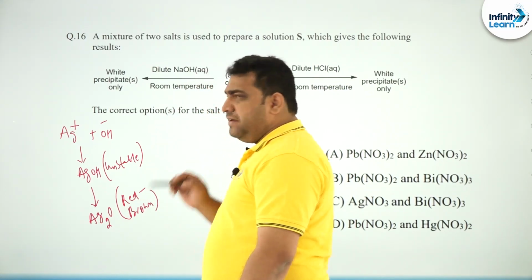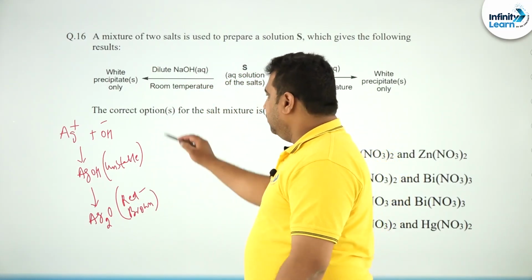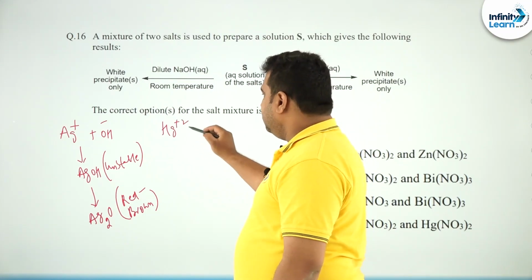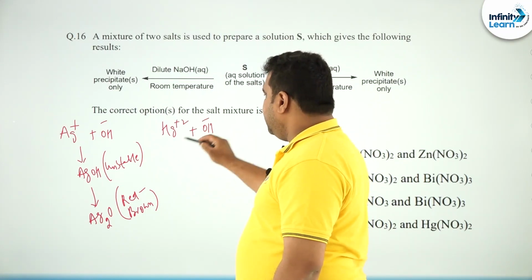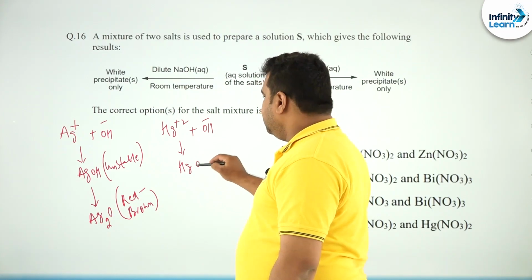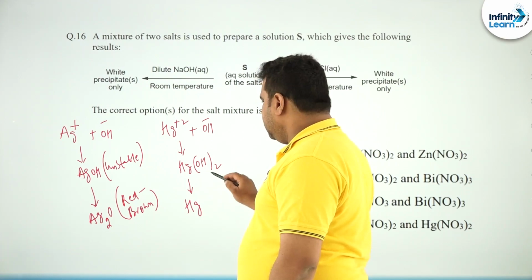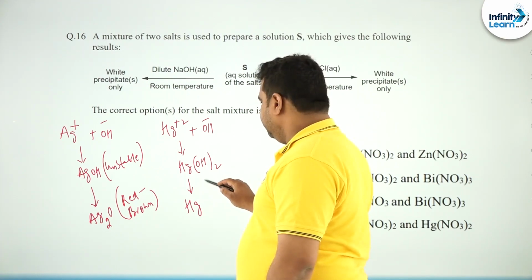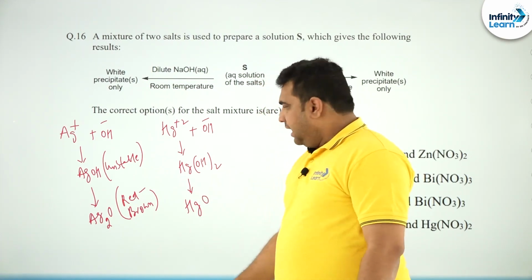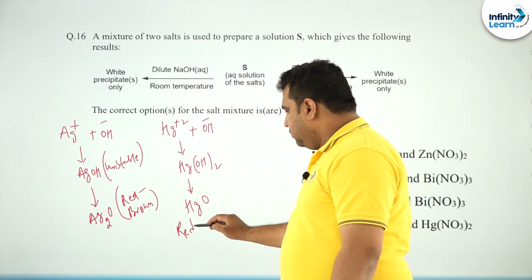Same will happen with Hg2+ ions. Hg2+ ions will react with base and form Hg(OH)2, which will decompose and form HgO and H2O. And this is also a red to brown color compound.